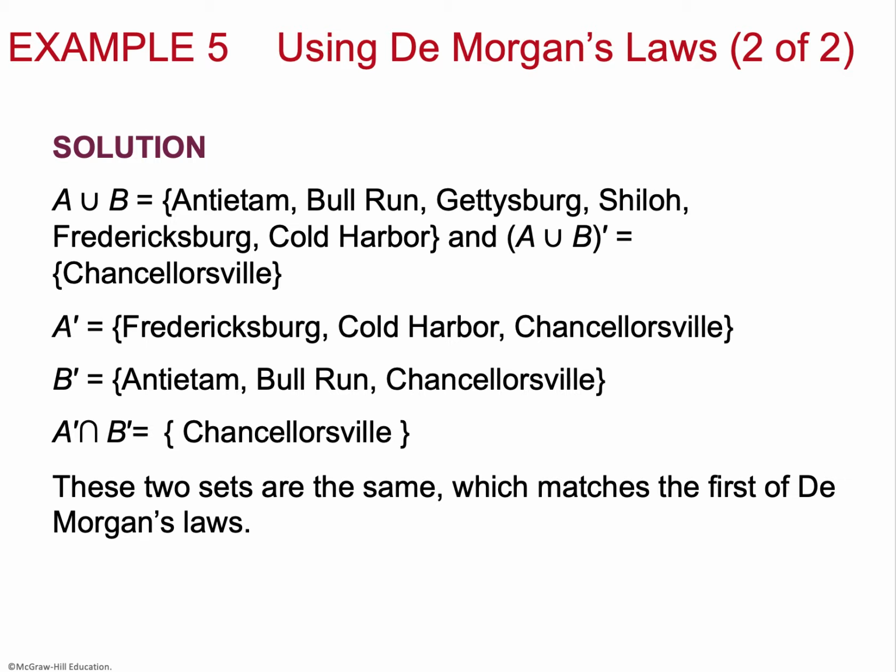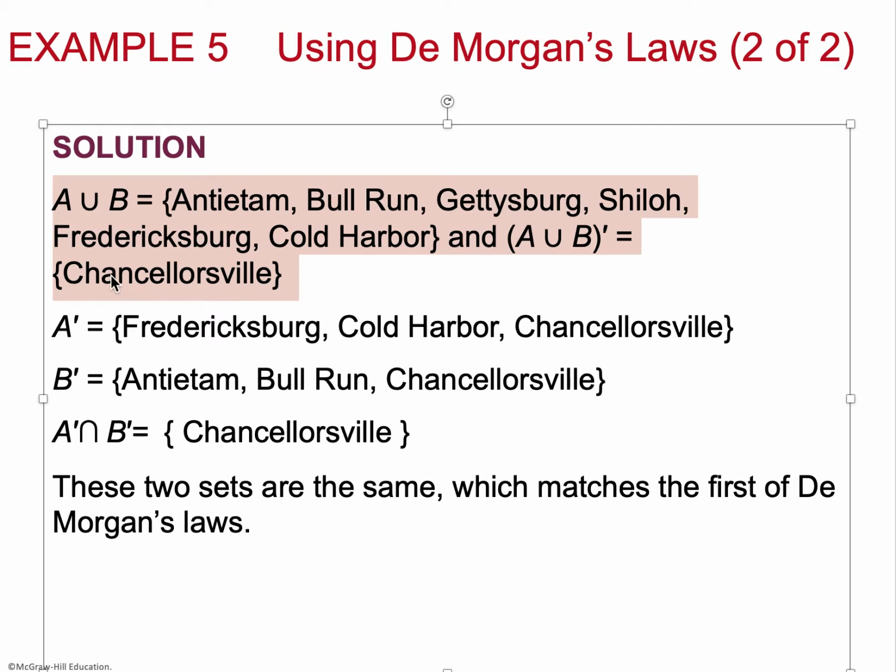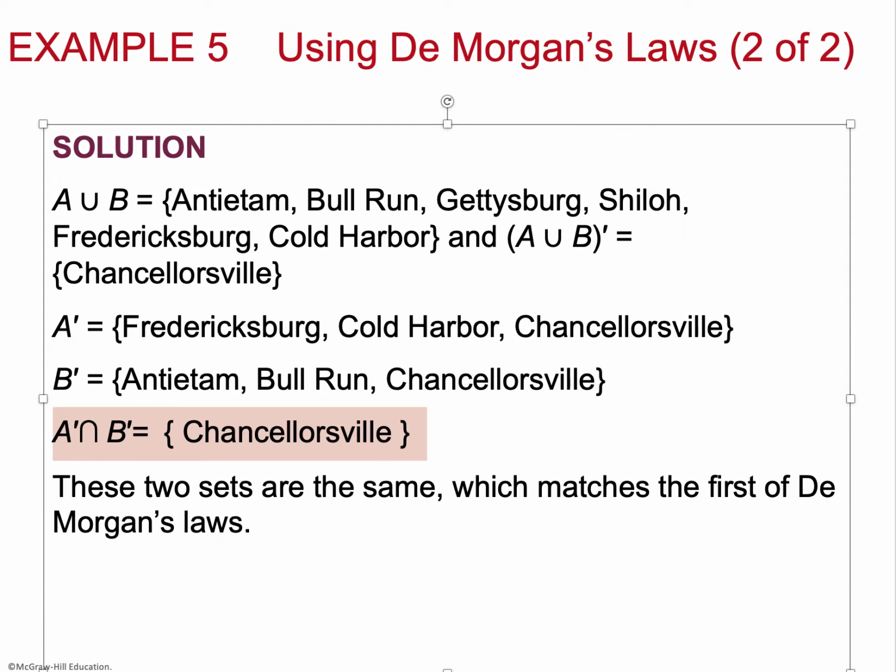And then the complement of that means what is in the universal set that is not in A and B. So that's going to be Chancellorsville. So that's what I find using the first way. Now if I find the complement of A, so meaning what is in the universal set that's not in A, same thing with B, I wind up with the same answer. So I've basically proven that theorem.